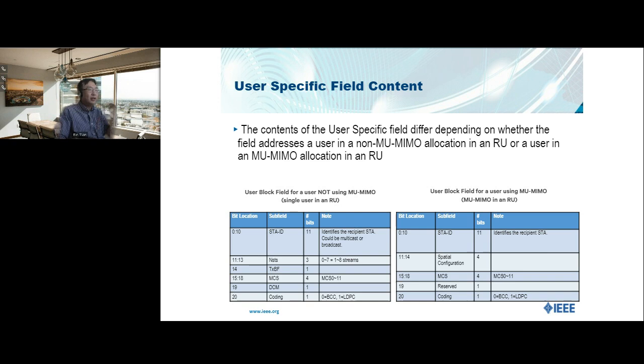This is the coding table, and you can find the details there. Then the other bits tell you how this RU is transmitted: the MCS, coding, and so on. Notice you don't have DCM, because MU-MIMO transmission is for higher data rates. We don't use DCM for that transmission.